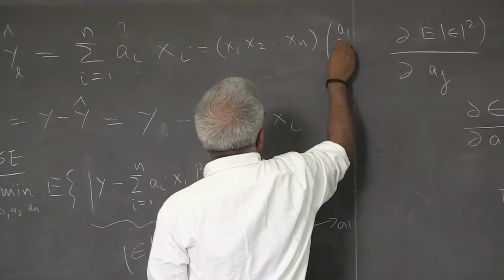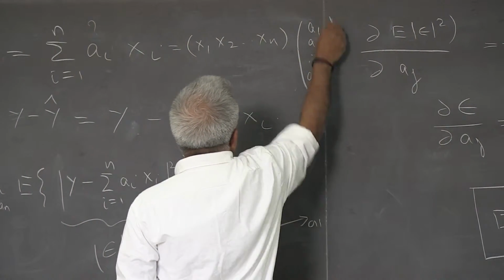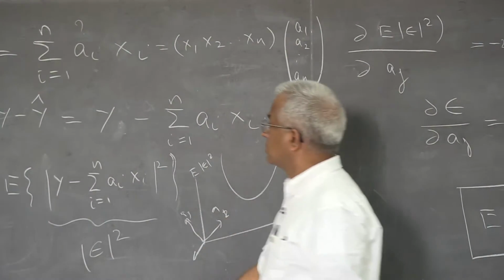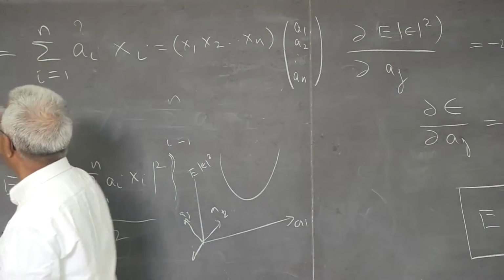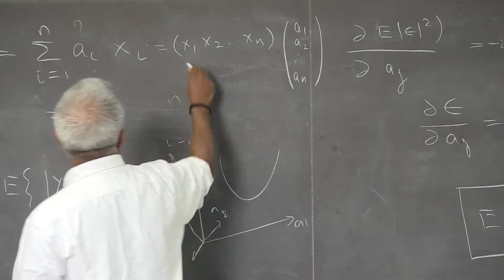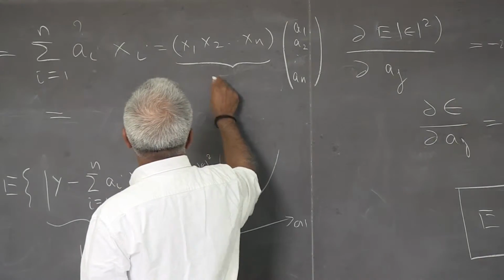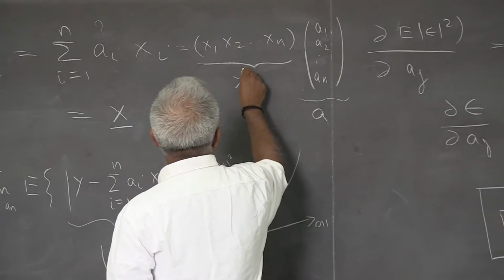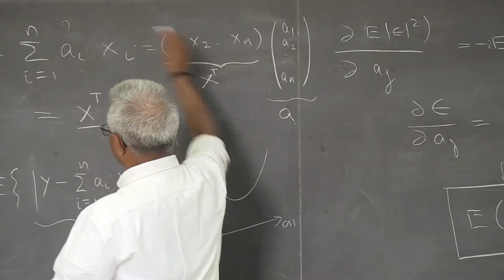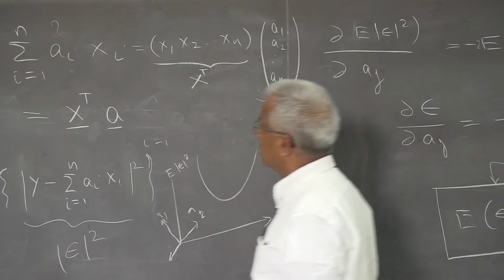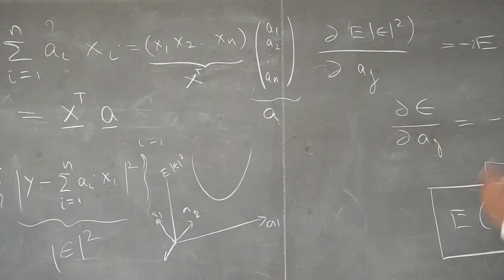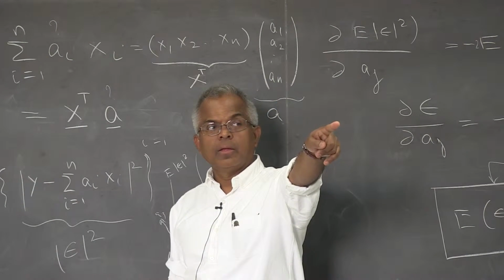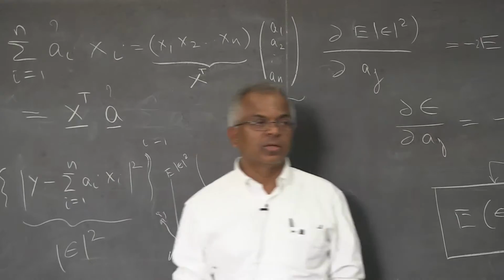Then you have a1, a2, etc. So this A is what we are looking for. If you call this x, then this is x transpose A, because x is a column vector. So we are looking for A. So I solve for A. The A vector is R inverse gamma.